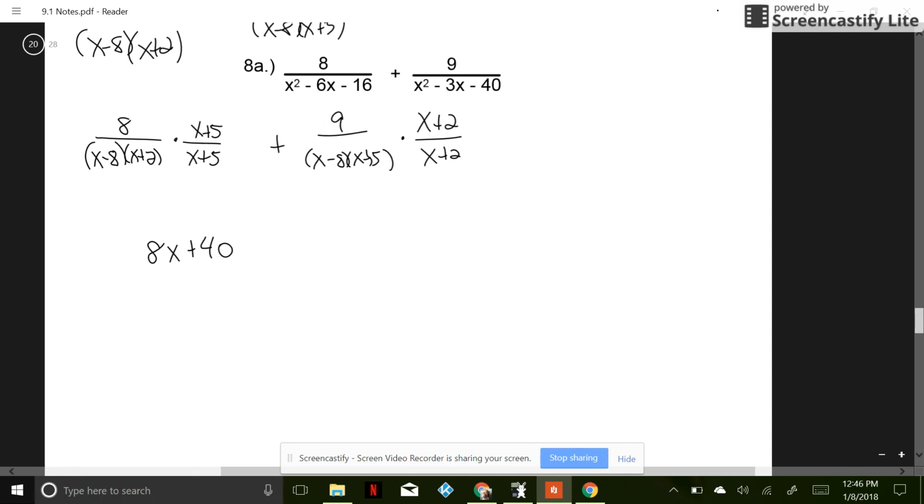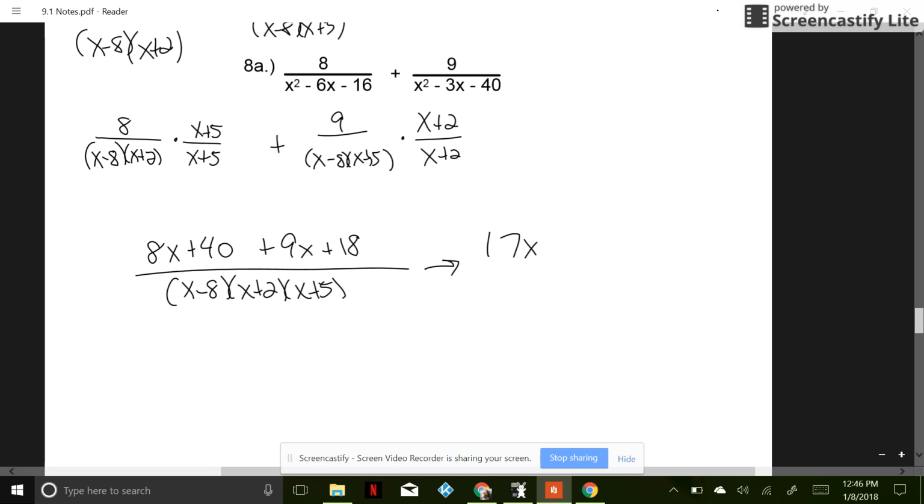And then distributing the 9 over there, we'll have 9x plus 18. And it all has that common denominator of the x minus 8, x plus 2, x plus 5. So combining like terms in the numerator, we'll end up with 17x plus 58 over x minus 8, x plus 2, x plus 5 is our finished fraction.